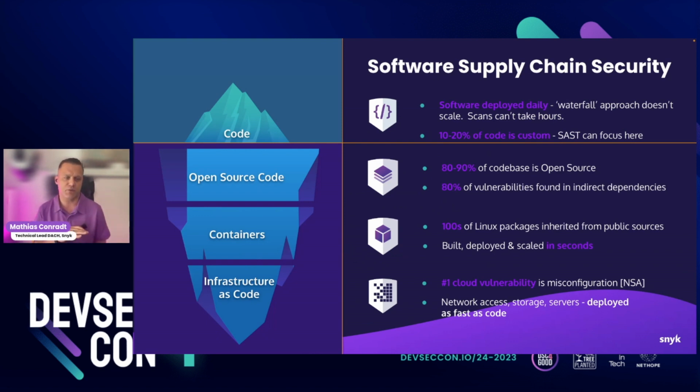I have my proprietary code, the code I'm writing, and it makes maybe 10 to 20% of the whole code base. This is something where I can use a static analyzer and find some vulnerabilities or security holes.